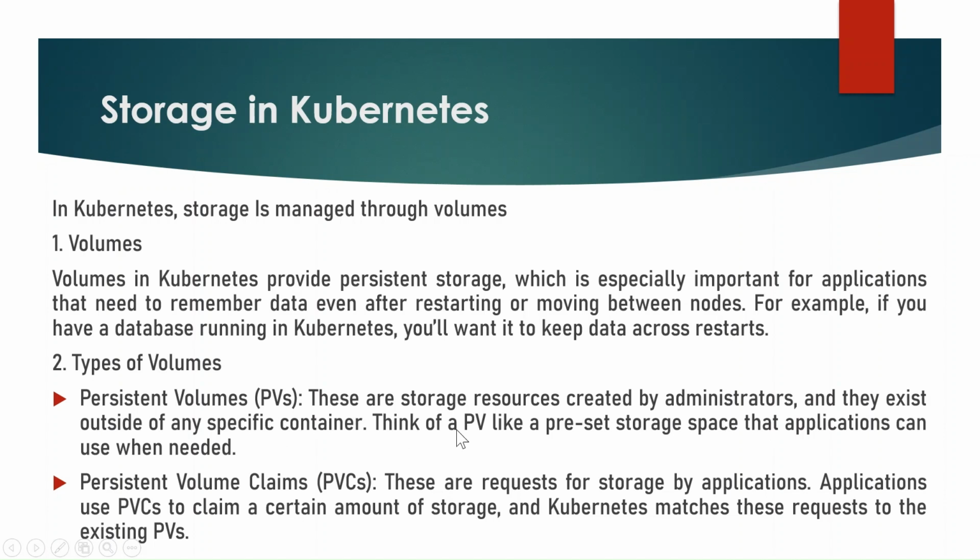Think of a persistent volume like a preset storage space that applications can use when needed. Persistent volume claims are requests for storage by applications. Applications use a persistent volume claim to claim a certain amount of storage, and Kubernetes matches these requests to the existing persistent volumes.